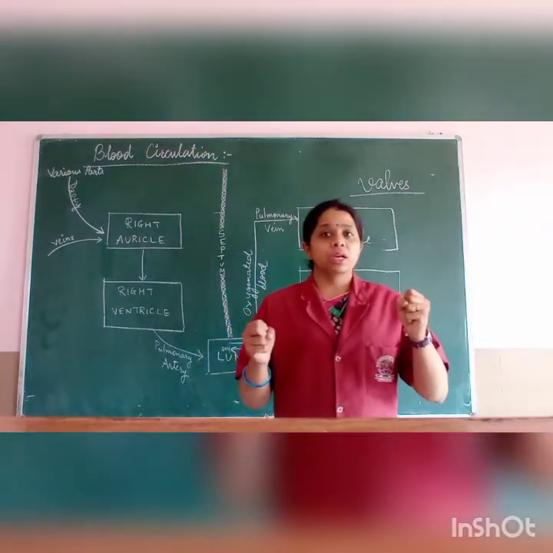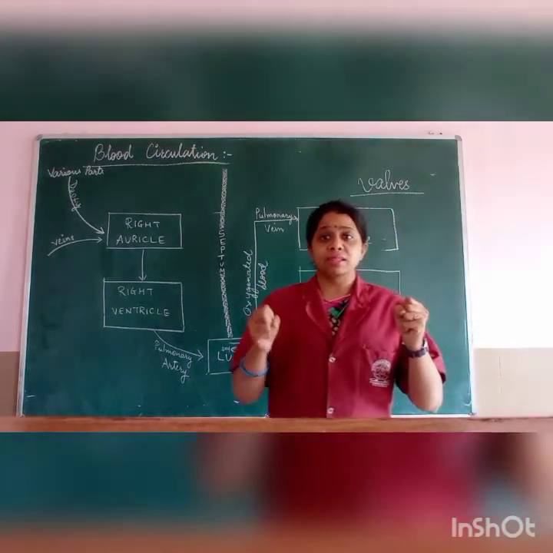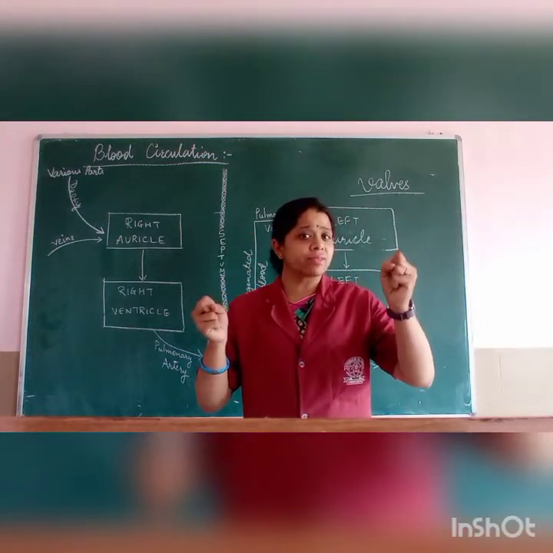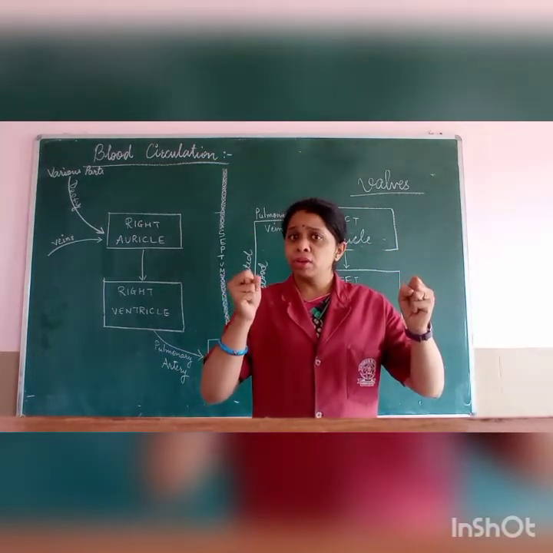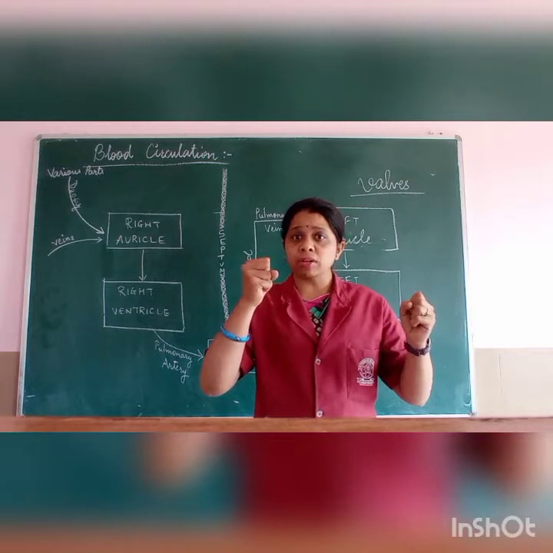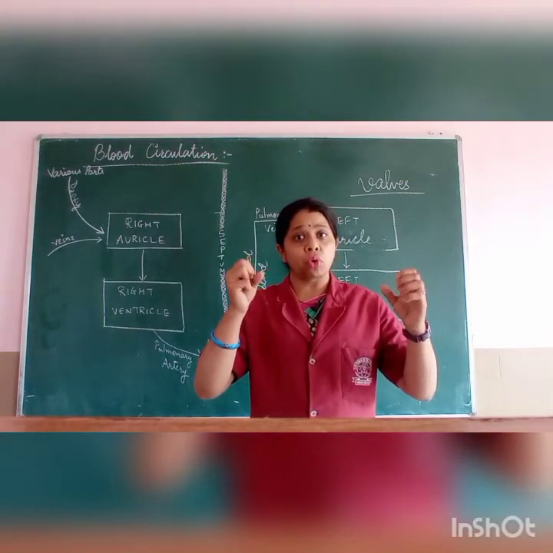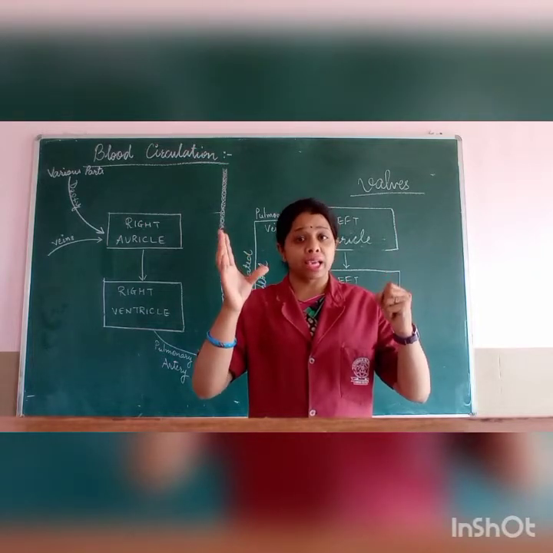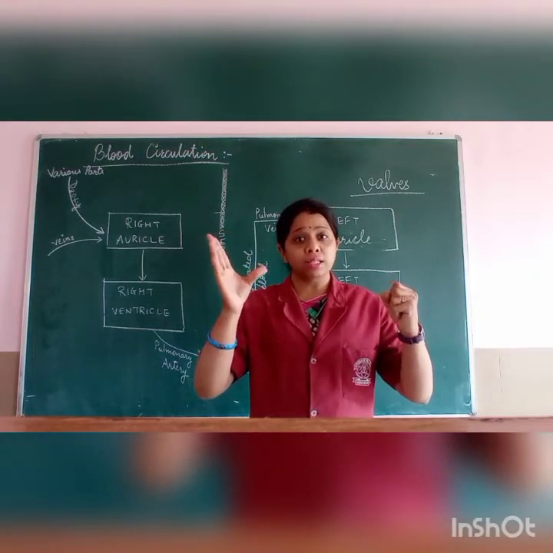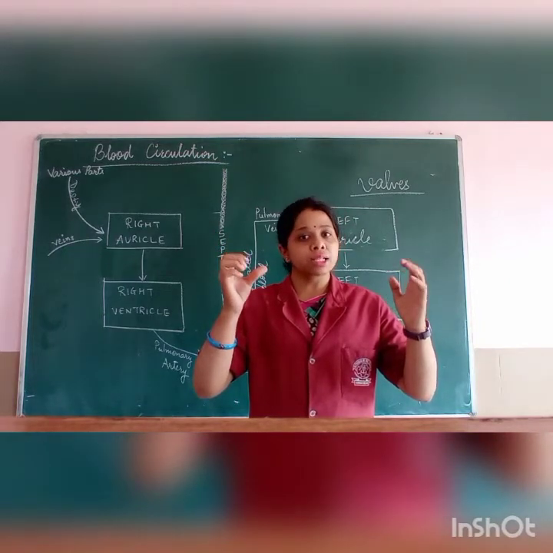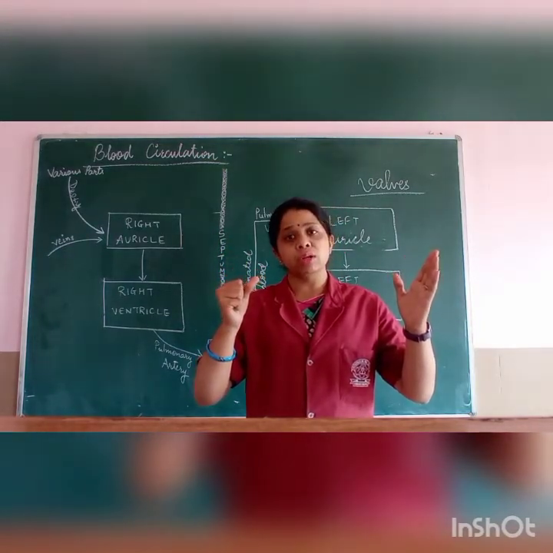Just imagine this is the right side of the heart and this is the left side. If the auricles relax, the ventricles will contract. If the auricles contract, the ventricles will relax.